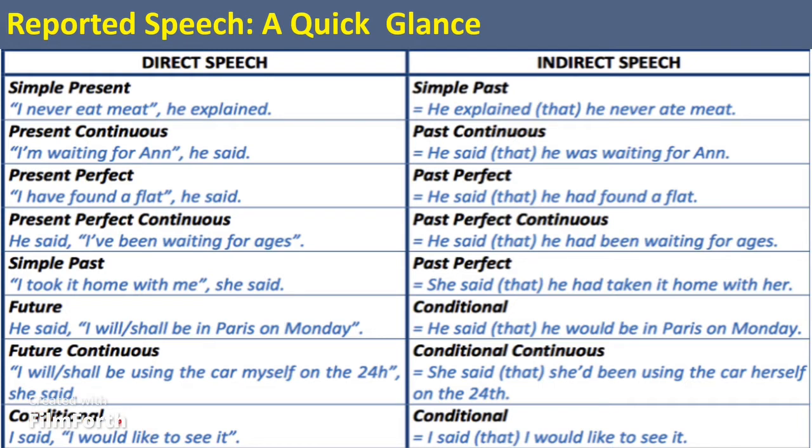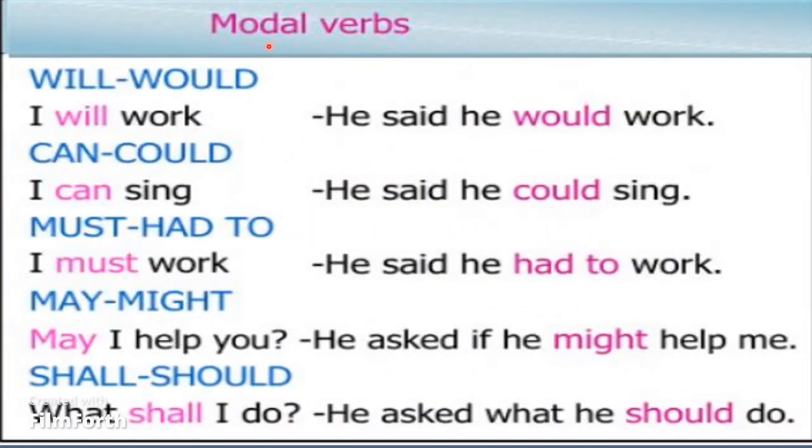Now conditional statement. "I said I would like to see it." Conditional remains conditional itself. I said that I would like to see it. There is no change in that, right? Instead of quotation marks, you're putting that. Now let's see about modal verbs. Will becomes would.